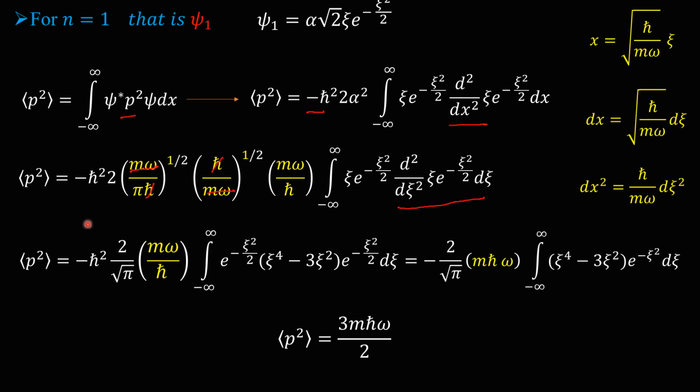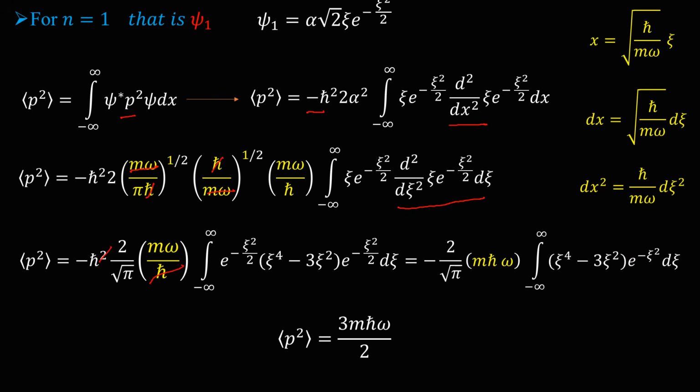Now here you can cancel another term: this ħ squared will get cancelled with this ħ, so naturally this will be ħ. So I can write minus 2 over square root of pi, this mħω, then this integral. If you multiply this exponential term, you will get z squared e power minus z squared.